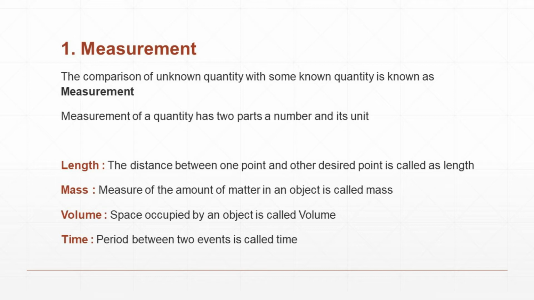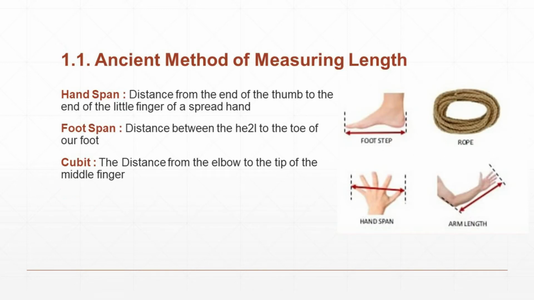In this lesson particularly we are going to learn only about length. Ancient method of measuring length. In ancient time, we didn't have any tools or instruments to measure length.